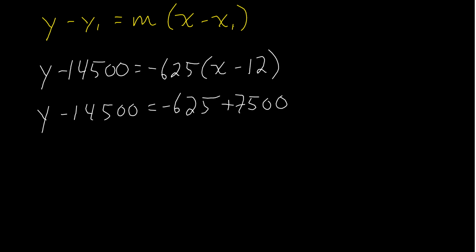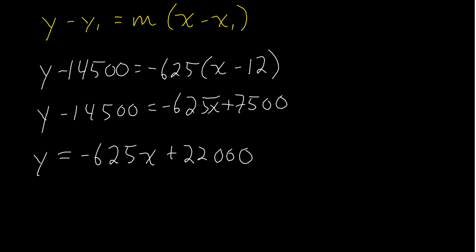Then we're going to isolate the y, changing this from point slope form to our slope intercept form, which is going to be y equals negative 625x plus 22,000. All right, so that was just a little kickback.